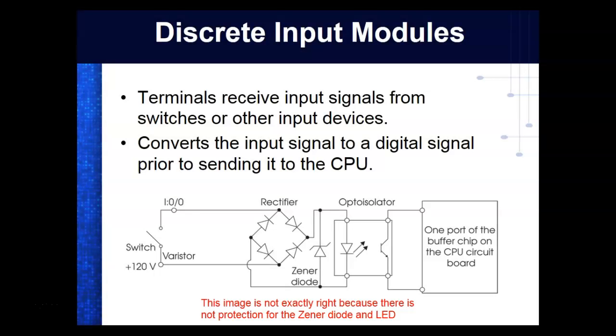So terminals, so we got to receive input. So this would be AC. So this would be like the inputs on the MicroLogic 1000. By the way, they're 120 volts. So when you get the MicroLogic 1000, where's it at?